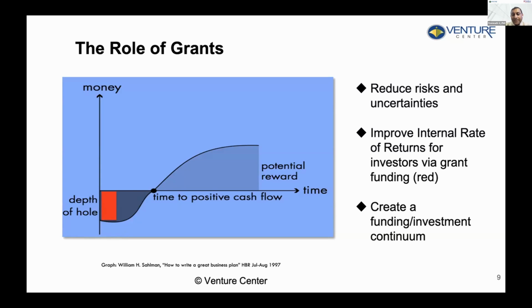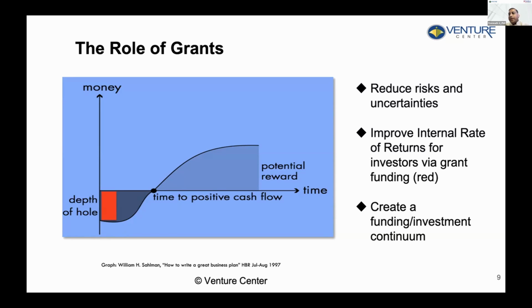But what typically happens is that when investors are looking at this, they look at it in comparison to other investment opportunities that they have. And if they think that the ratio of rewards to investment is not as attractive as other investments, they go away and invest in other businesses.